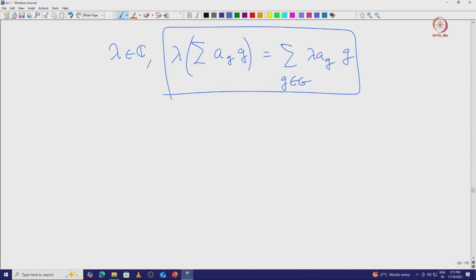Now if we take a representation, let rho be a representation of CG.